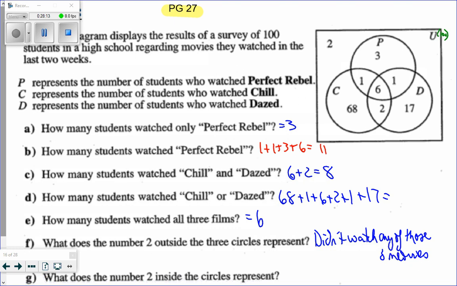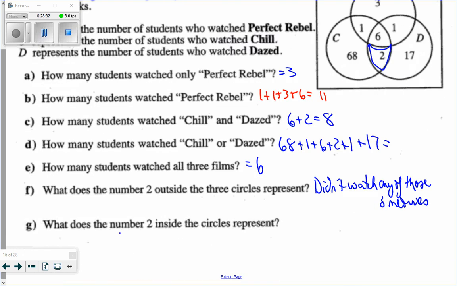So what does this number right here represent? Right. So they watched only Chill and Dazed. Or you could say they watched Chill and Dazed, but not Perfect Rebel. Okay, so you could say it either way.